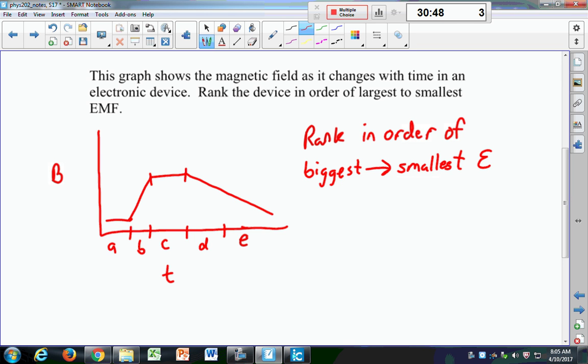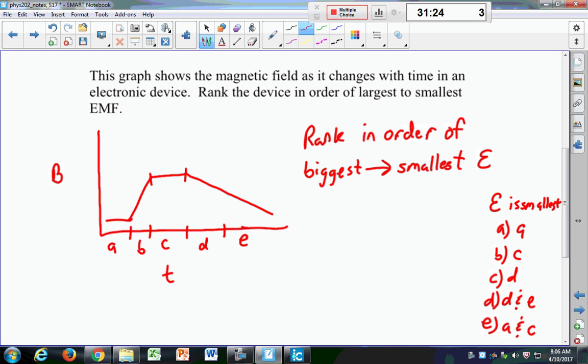We'll do it as a clicker question, but I want you to go ahead and rank them. I'm going to give you some options. I want you to tell me which has the smallest EMF.